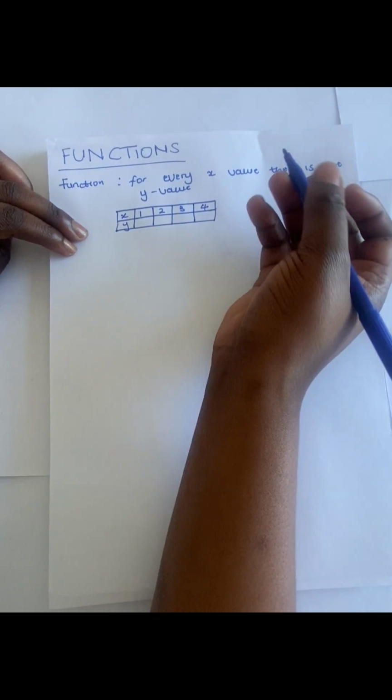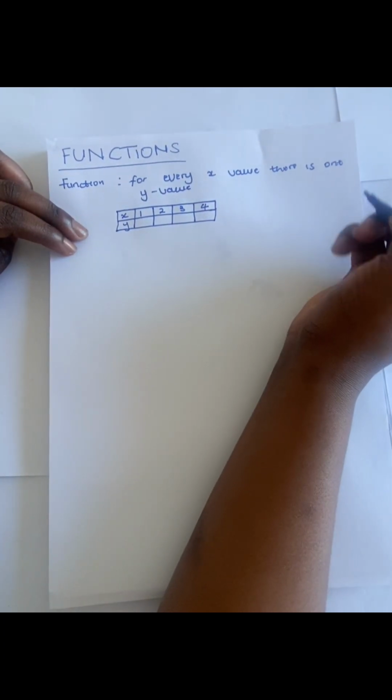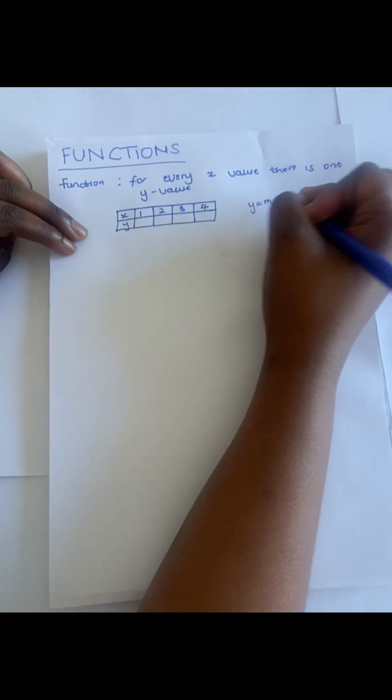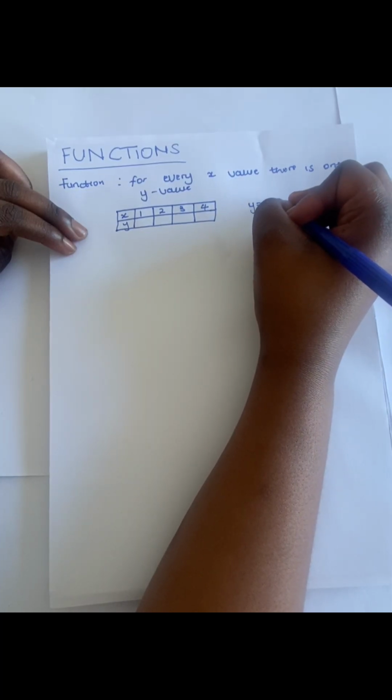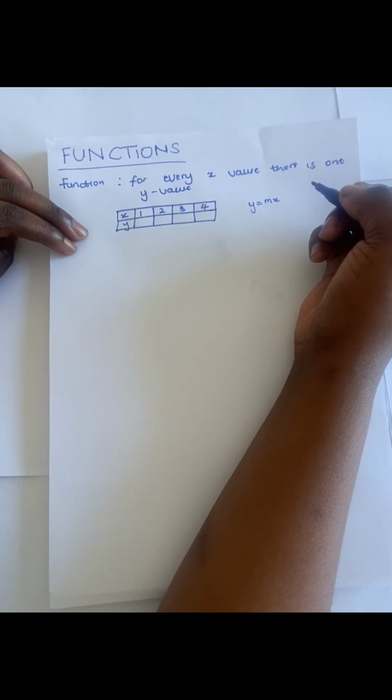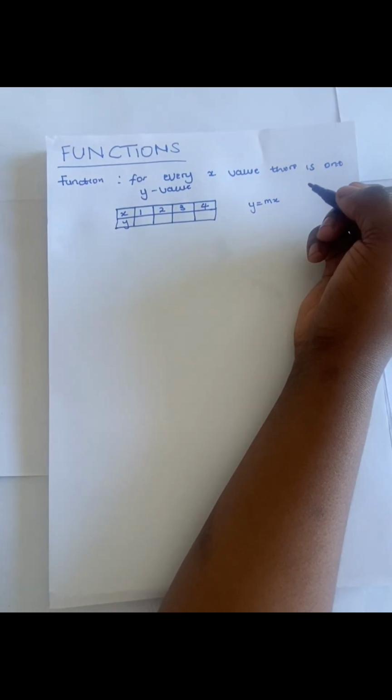And if you're looking for y value, you have to use the general rule. At that time, it was in the form of y is equal to mx. Or maybe I can just say, you will be given a rule whereby you have to insert an x value in order for you to get a y value.